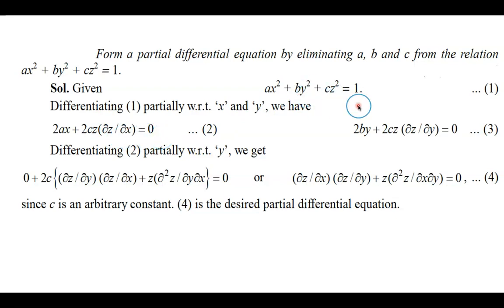Similarly, differentiating the relation 1 with respect to y, we have 2by plus 2cz into dou z by dou y equal to 0.